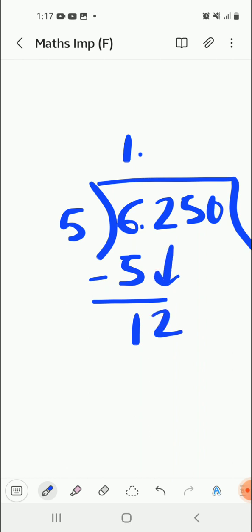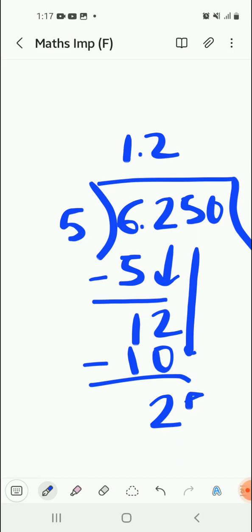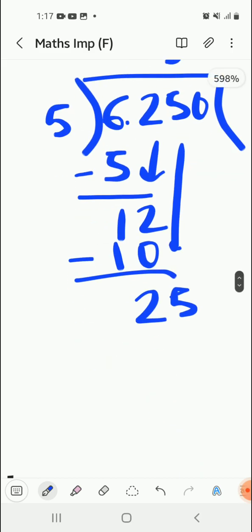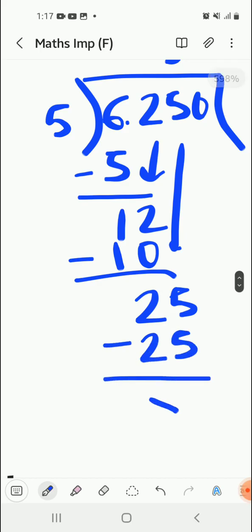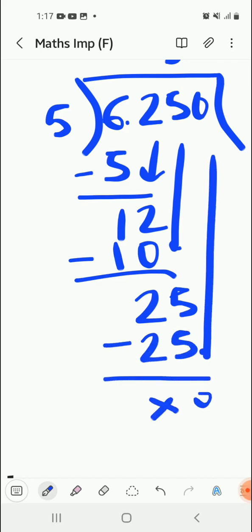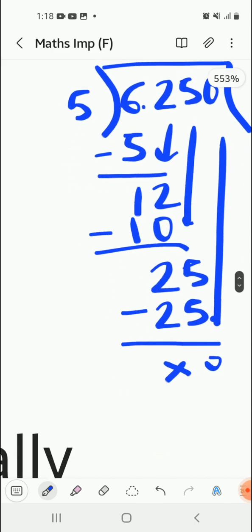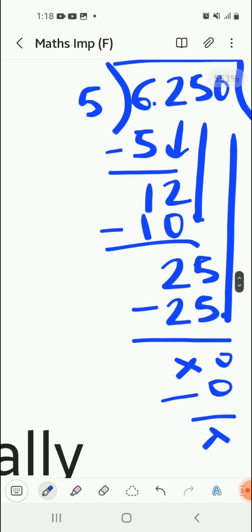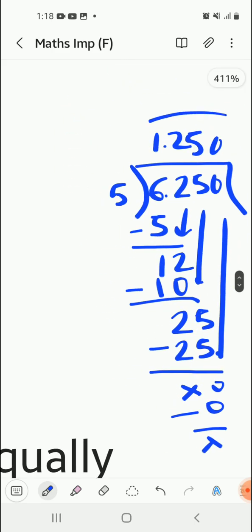Then 2, 5 into 2, 10. 2, again 5 shifts here. So 5 into 5 is 25. Then there is 0. So 5 into 0 is 0. So my answer is 1.250.